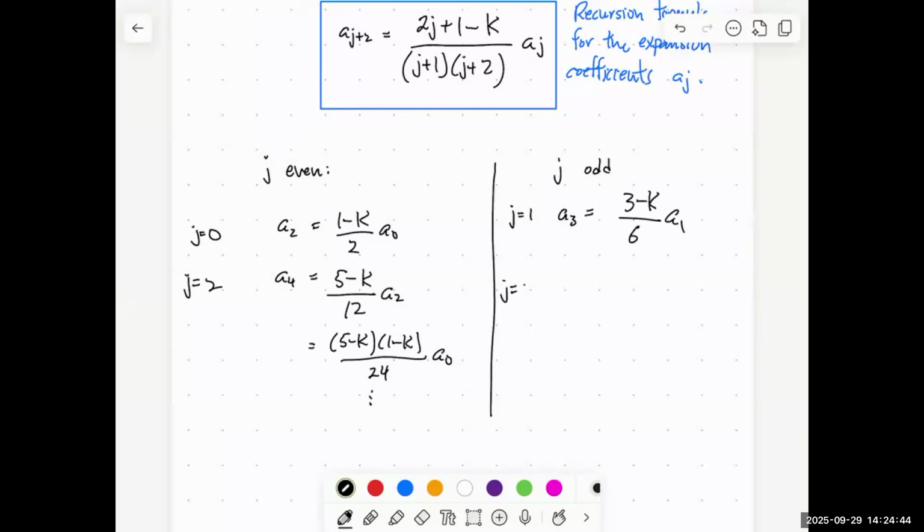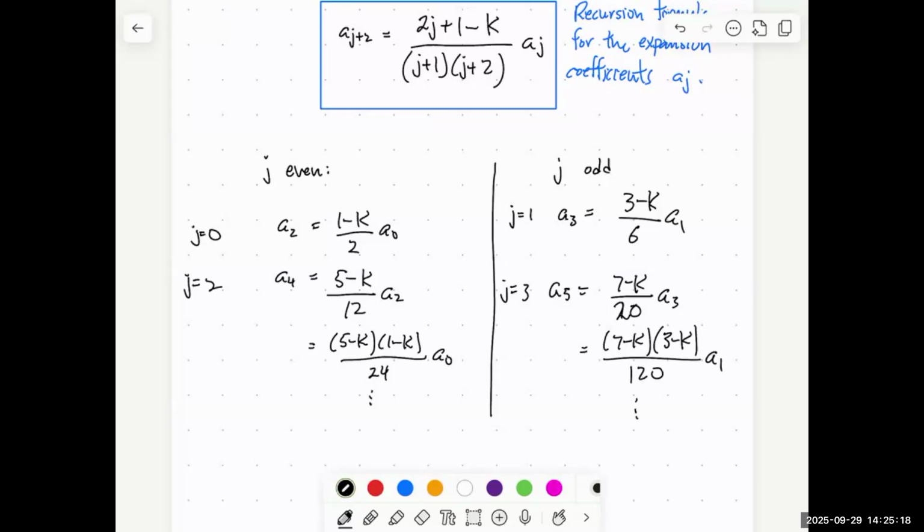Then I go to j equals 3, which gives me a_5. If I put in j equals 3, I get 7 minus k, divided by 4 times 5, which is 20. That's in terms of a_3, but I already know a_3, so it's (7 minus k)(3 minus k) divided by 6 times 20, which is 120, times a_1. And again, you can just keep going.